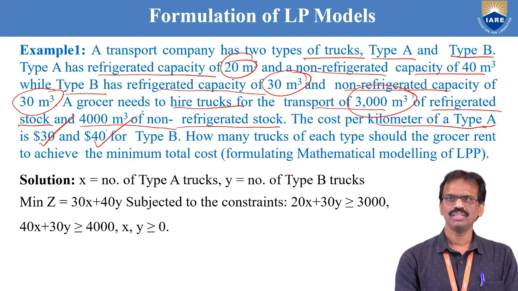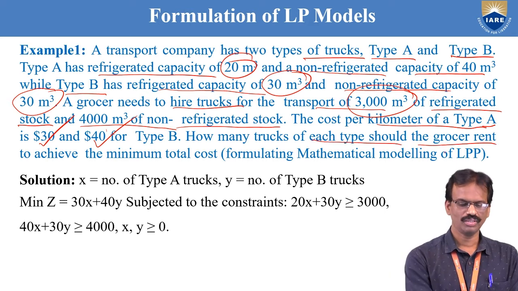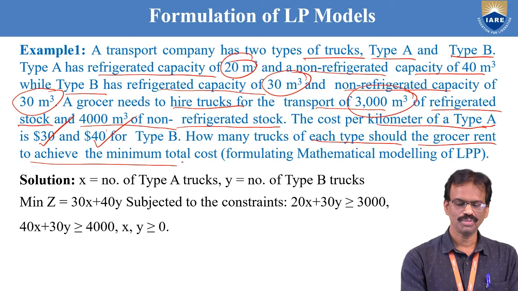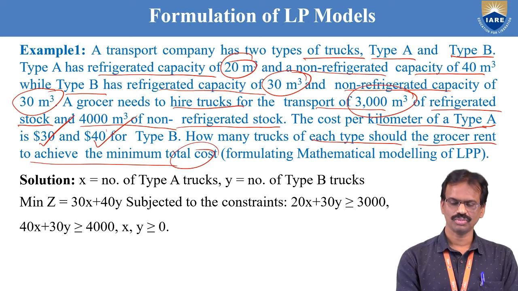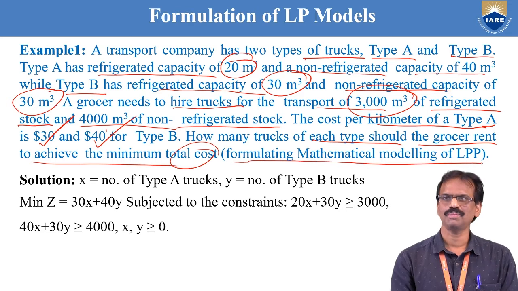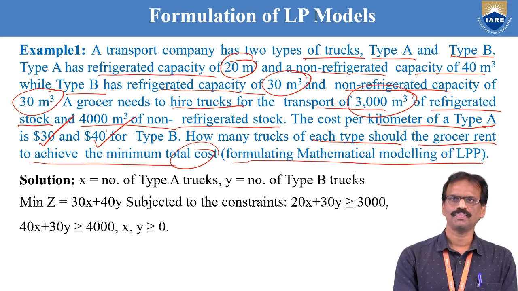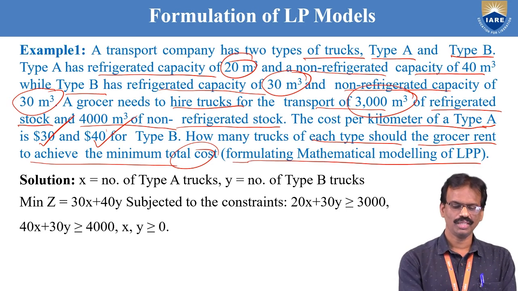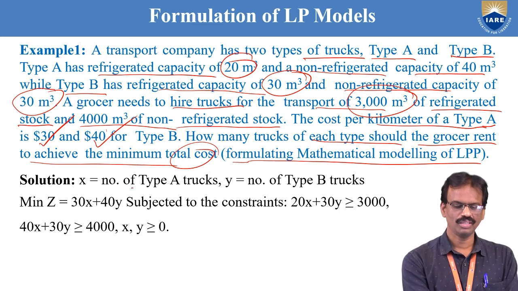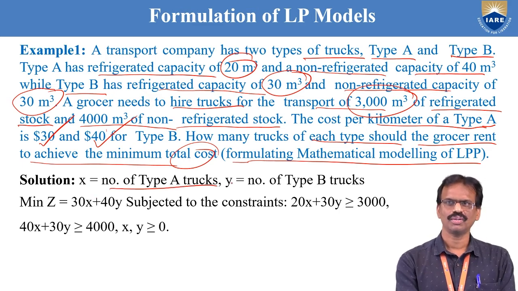How many trucks of each type should the grocer rent to minimize the total cost? Formulate the mathematical model as an LPP. First of all, X is the number of trucks of type A, and Y is the number of trucks of type B.